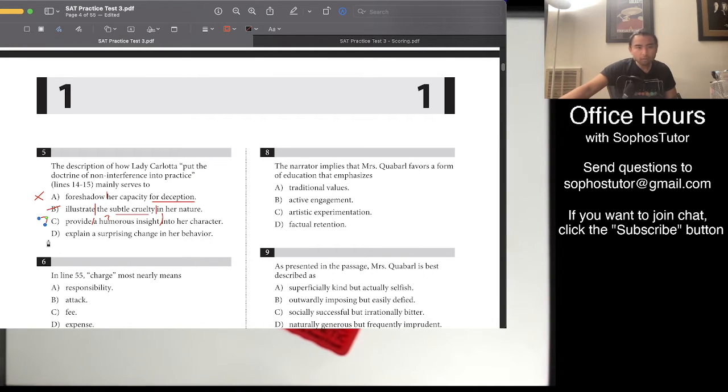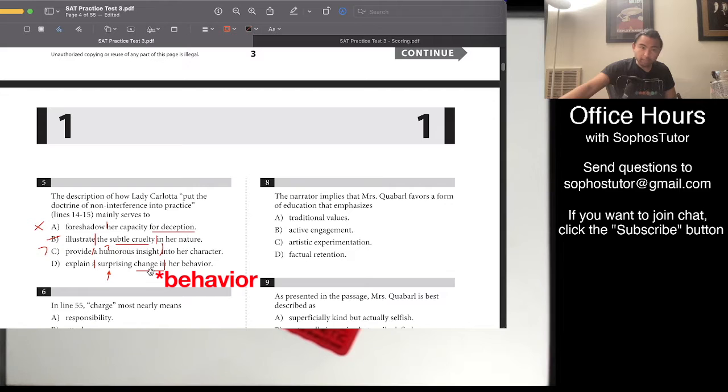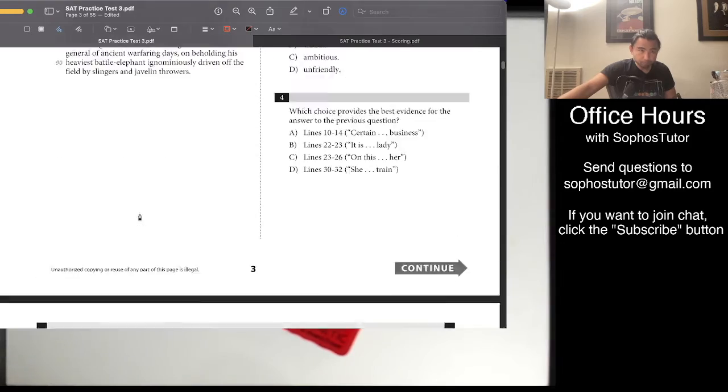Okay. Let's look at D. Explain a surprising change in her character. Okay. Change is the noun. Surprising is the modifier. I'm going to check both. I'm first going to check if there is a change in her behavior, putting the doctrine of non-interference.